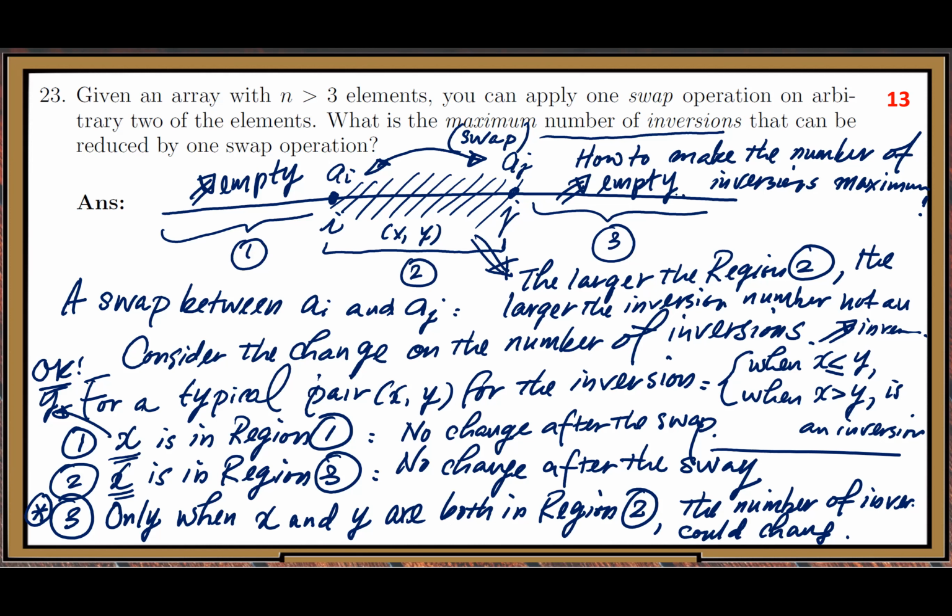That means AI corresponds to the first element in the array, and AJ corresponds to the last element of the array. Basically, we just swap the first element and the last element. Then we count the number of inversions.